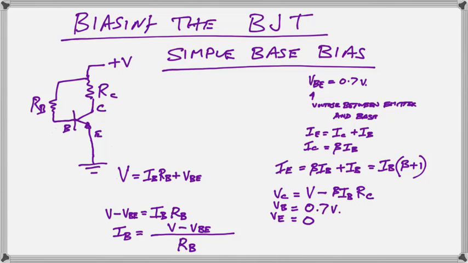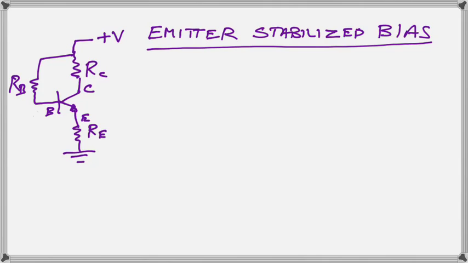And once we find IB, the complete package is known. We know all the currents, we know all the voltages, and that's about as hard as it gets for the simple base bias. So let's get ahead now to the emitter stabilized bias.